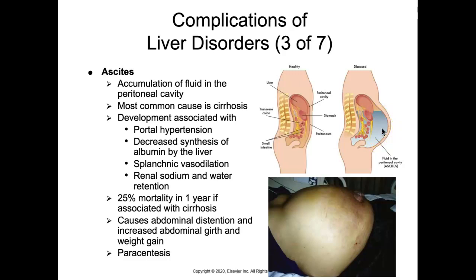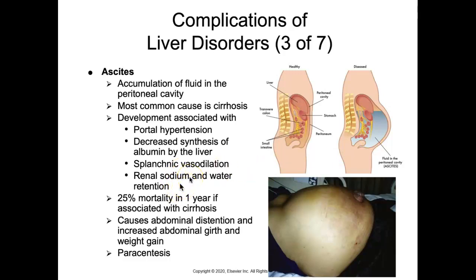We can also have splanchnic vasodilation take place, and this is when we have an increase in nitric oxide production by the diseased liver, which decreases the circulating blood volume, triggering aldosterone and ADH secretion, which then will lead to sodium and water retention within the kidneys.